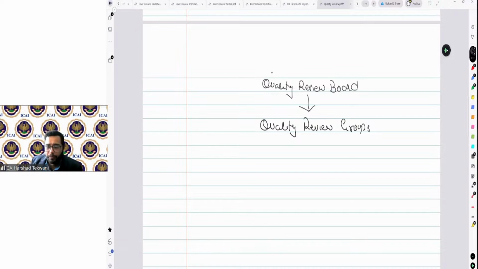We know them as a QRG. These groups plus technical reviewers together, like majorly the technical reviewer performs the review and he submits his report to the quality review group, and then the quality review group, after reviewing the report, provides their recommendation to the board.